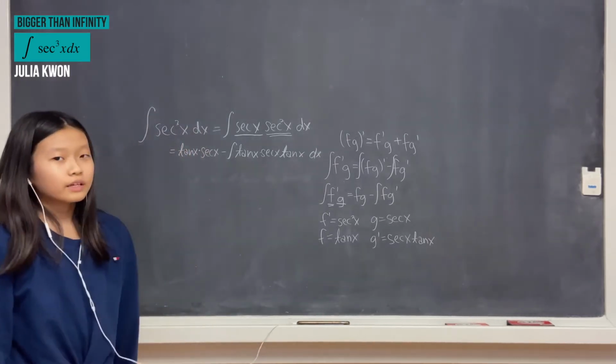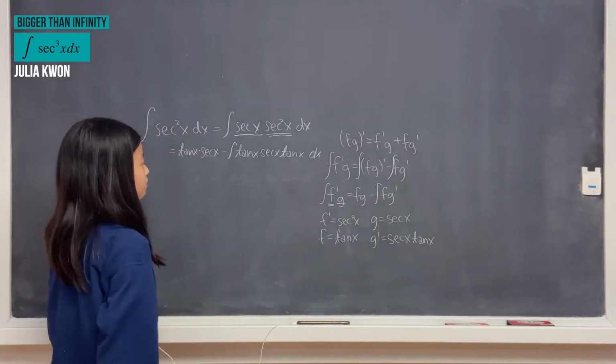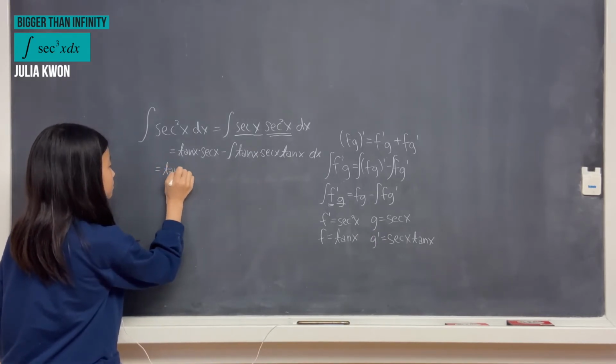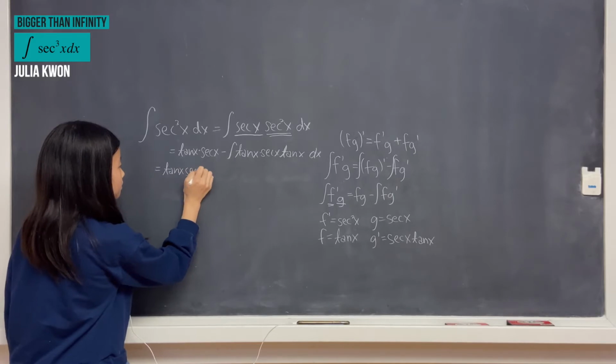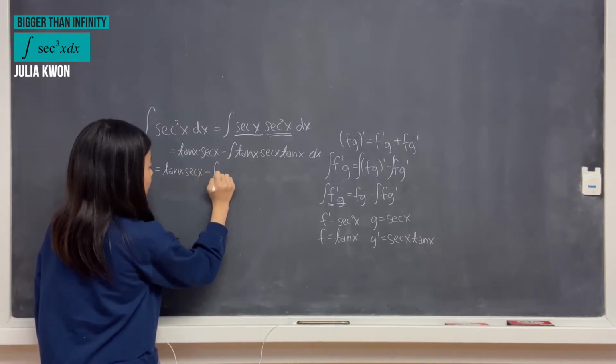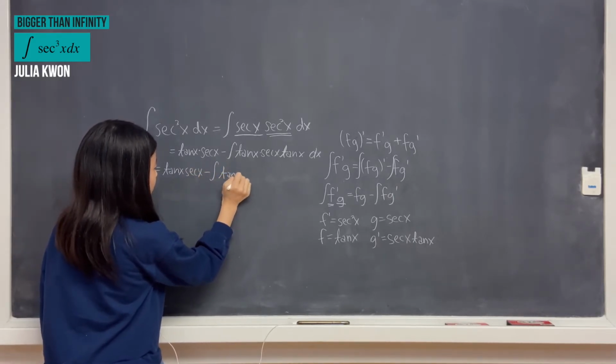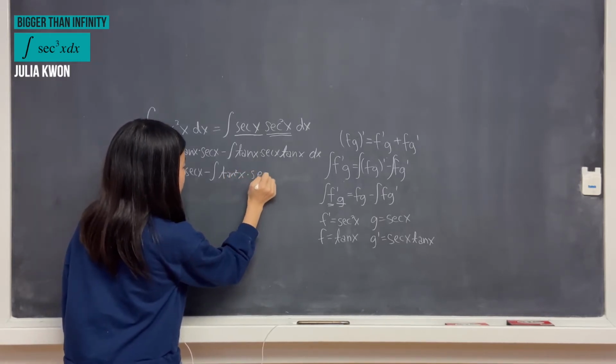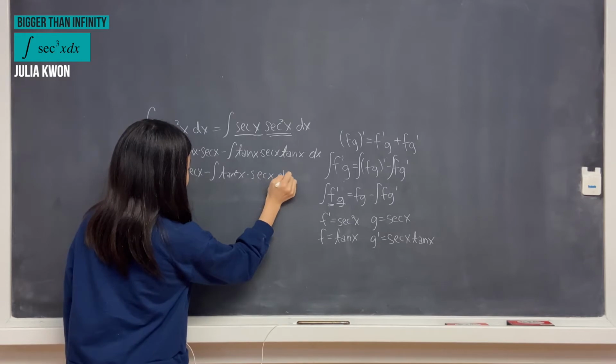And now I would like to multiply these two together to simplify it more. Minus the integral of tangent x squared times secant x dx.